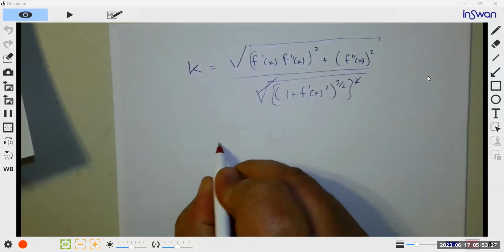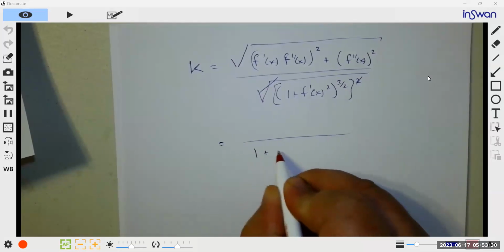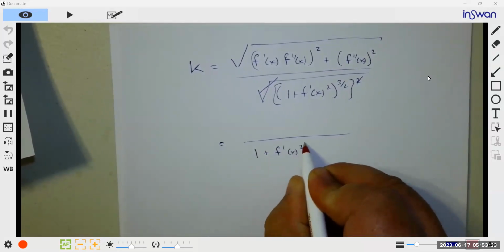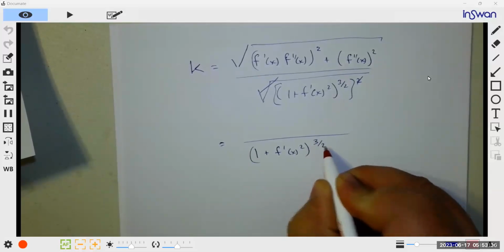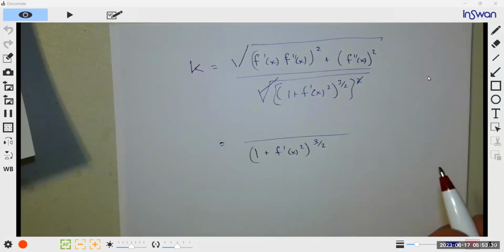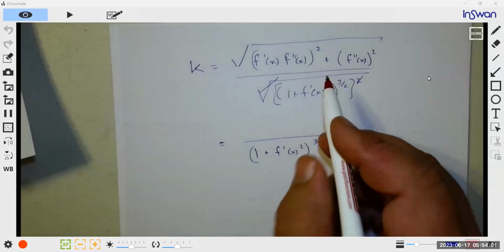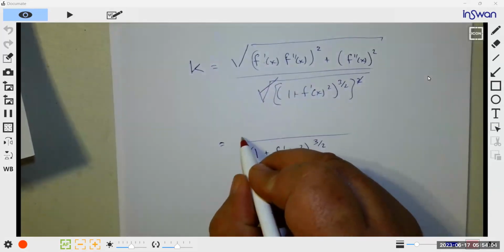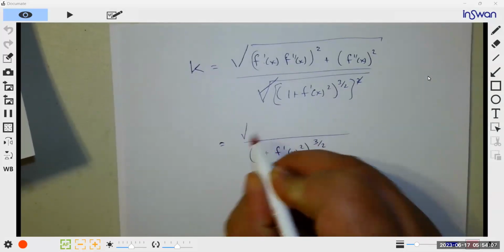That cancels, so on the bottom we have, and on the top we can combine these.